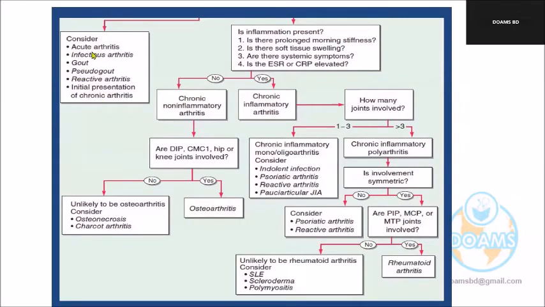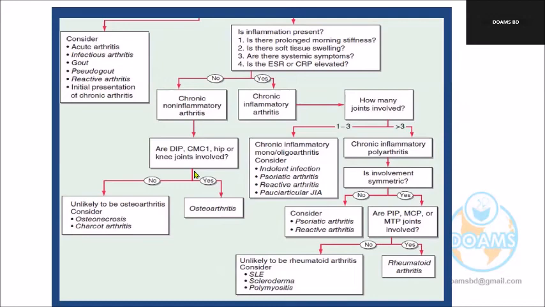Acute arthritis is the left box, chronic arthritis the right box. In the chronic box, we divide by how many joints: monoarthritis, oligoarthritis, polyarthritis. By this algorithm, finally we get to osteoarthritis, rheumatoid arthritis and others.